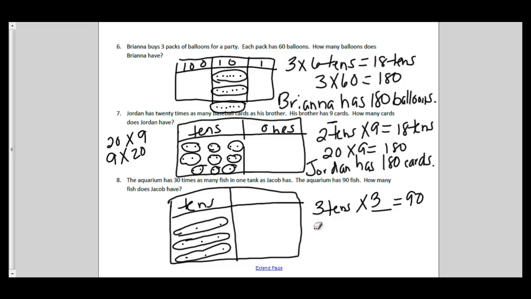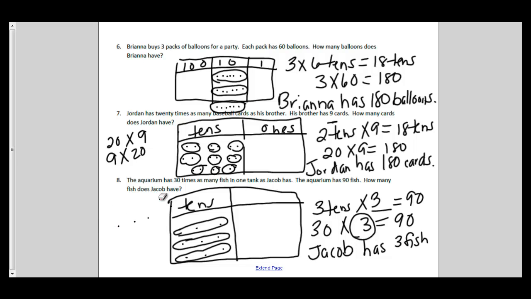So if this is 30 times as many fish as Jacob has, then Jacob has 3 fish. And think about, does that make sense? Would it make sense that Jacob has 3 fish and that the aquarium has 30 times as many, so they have 90? That makes sense, doesn't it?